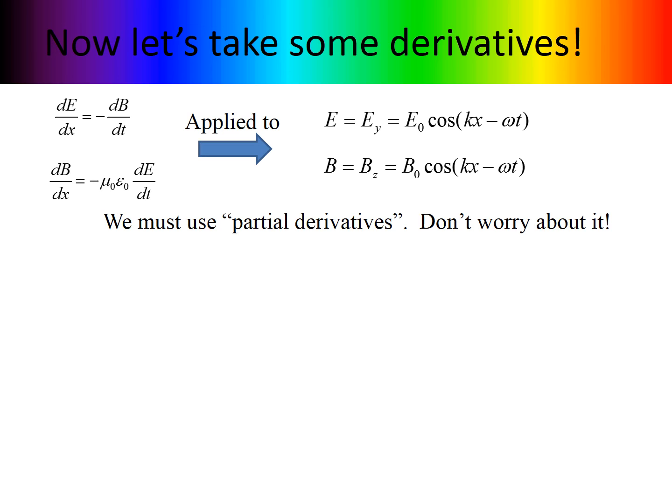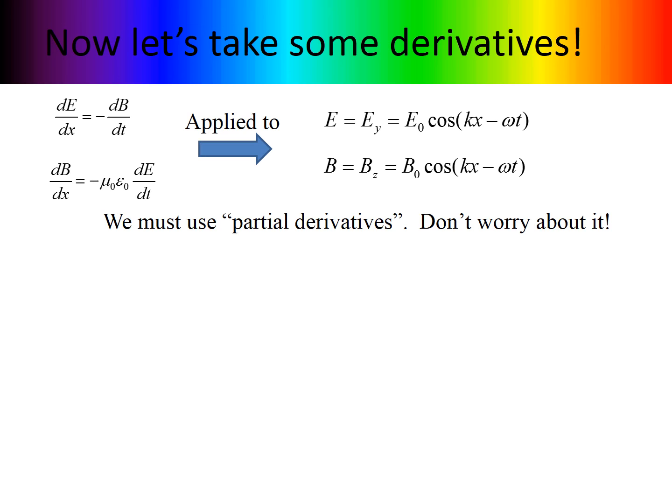So, for instance, if we look at the equation for the electric field, it has two variables, x and time. And so if we want to take the derivative with respect to x, what a partial derivative is telling us is to treat time like a constant. So everything other than the variable in question is treated like a constant.